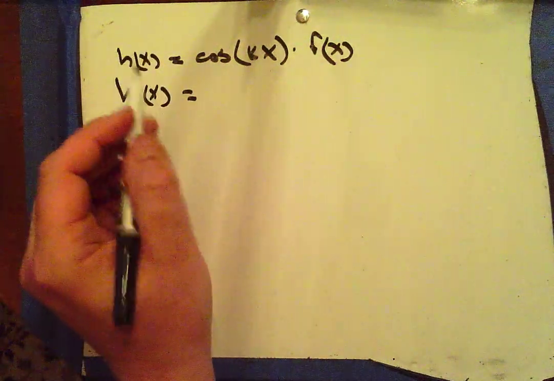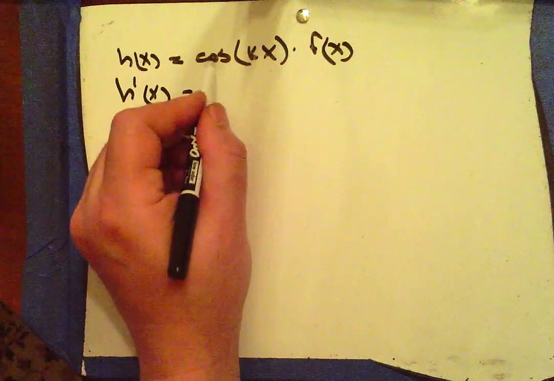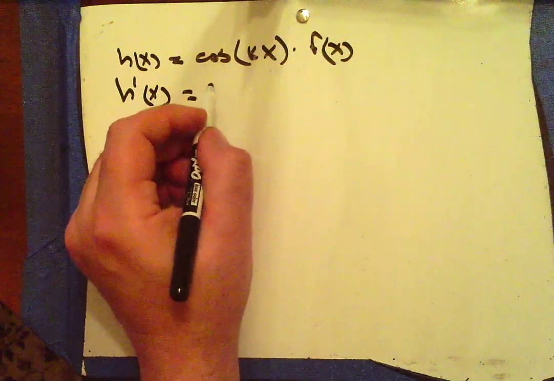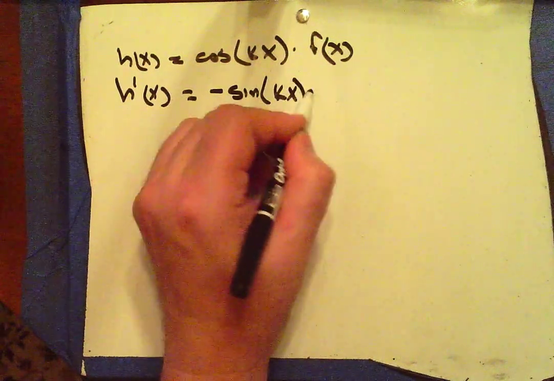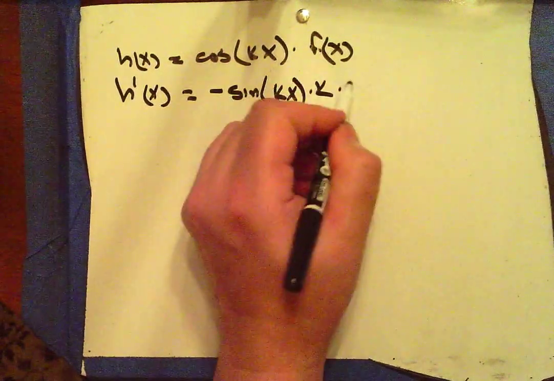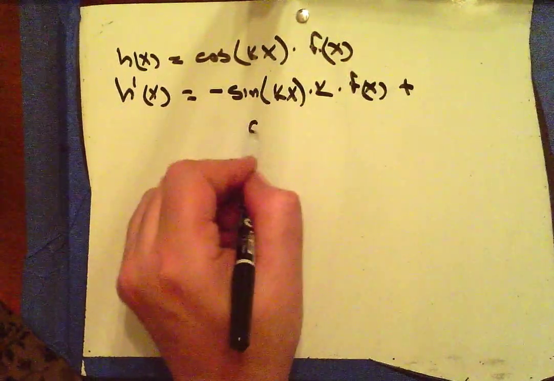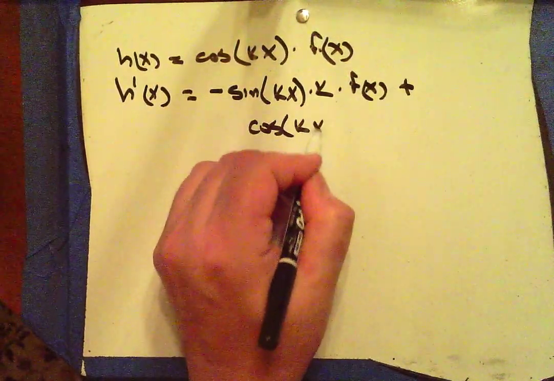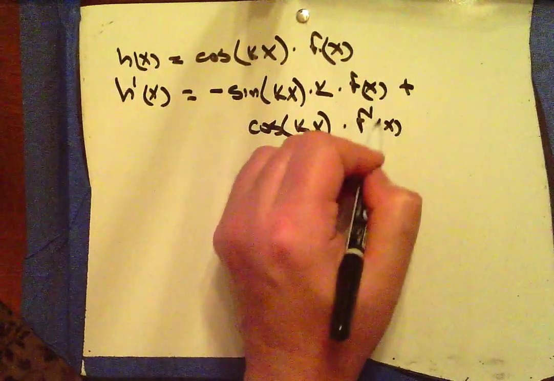Okay, so h prime of x requires a product rule, and so the derivative of this is going to be minus sine kx times k times that, plus that cosine kx times the derivative of that, f prime of x.